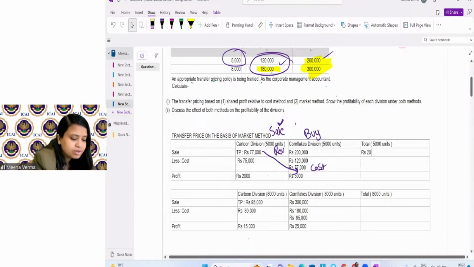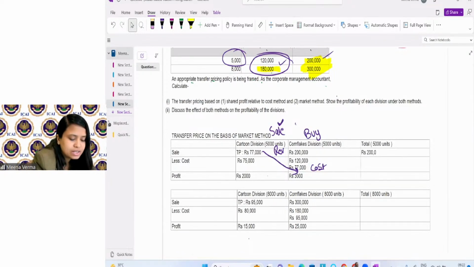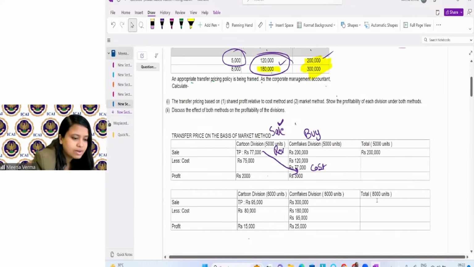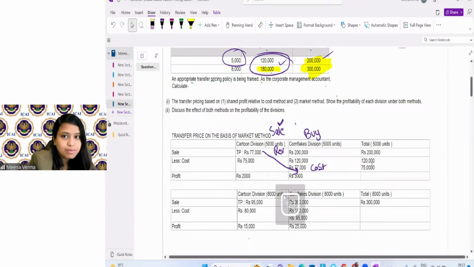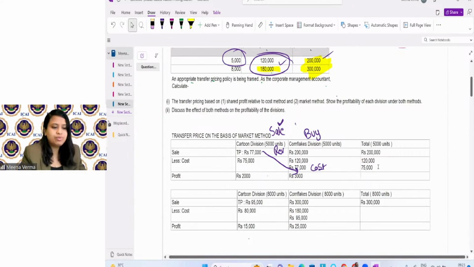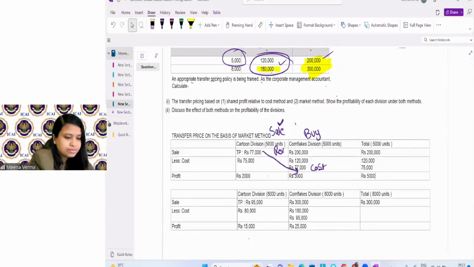Here, the final sale value will be 2 lakh. Finally, you will sell the goods at 2 lakh, right? Here, the final sale value will be 3 lakh. What is the total cost for the organization? The total cost for the organization will be 1,20,000 and 75,000. So what will be the total profitability? 5,000.